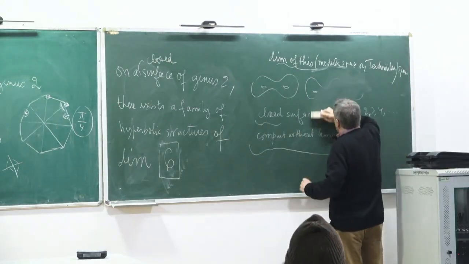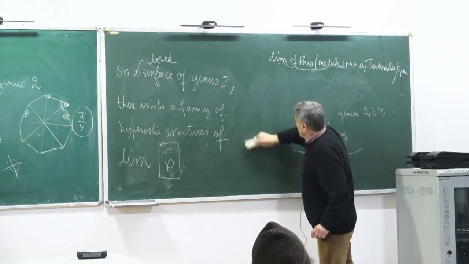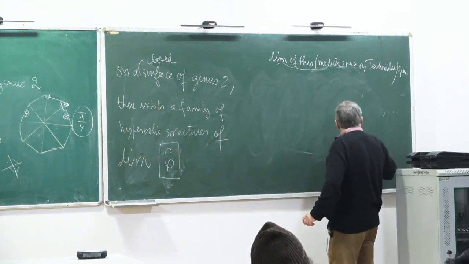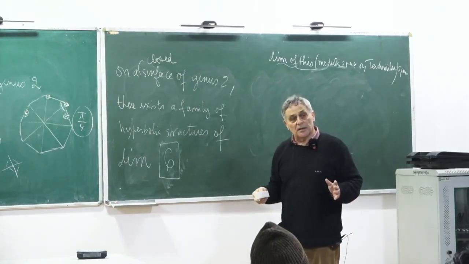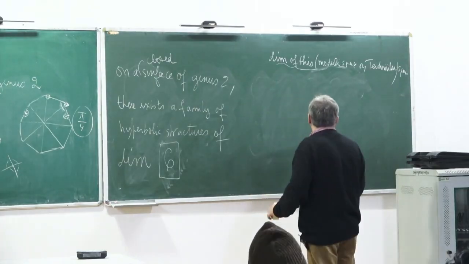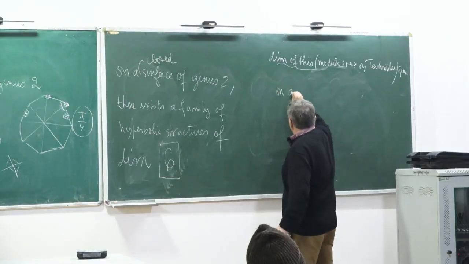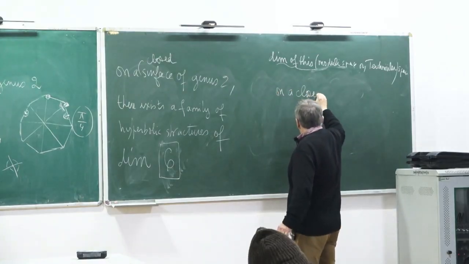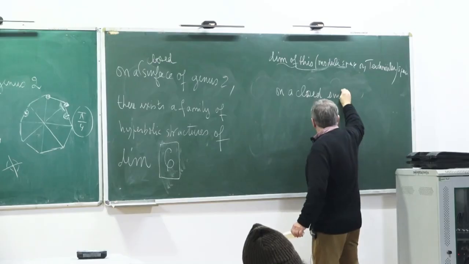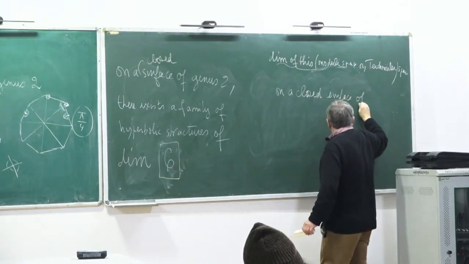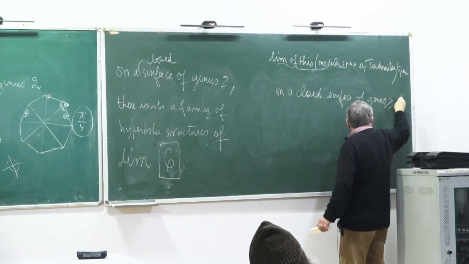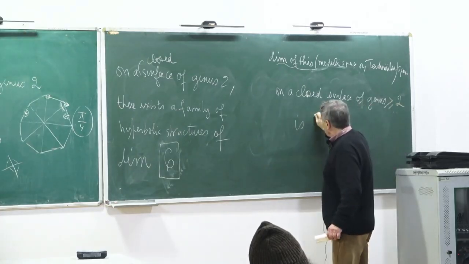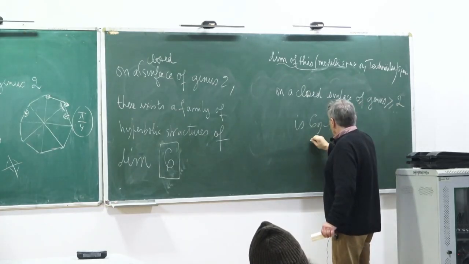Roughly speaking, this is the space of different hyperbolic structures on a closed surface of genus greater or equal to 2, and its dimension is 6g minus 6.